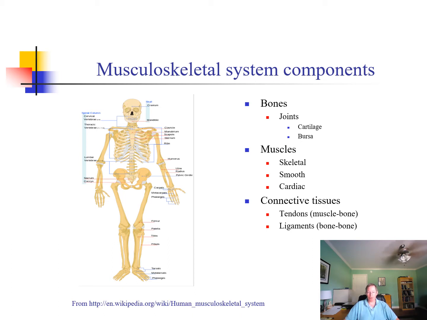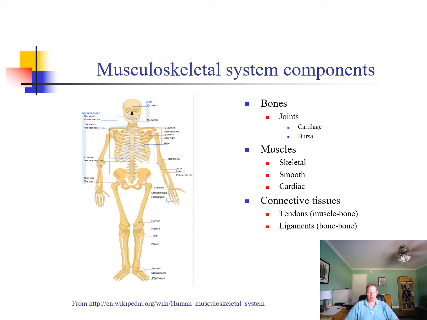Many bones will articulate into a joint between two bones, and at the articulation between those two bones, there will be cartilage from chondrocytes that are made. And I will have connections between muscles and bones, and I will need to slide across that cartilaginous joint, and that's facilitated with these bursa.